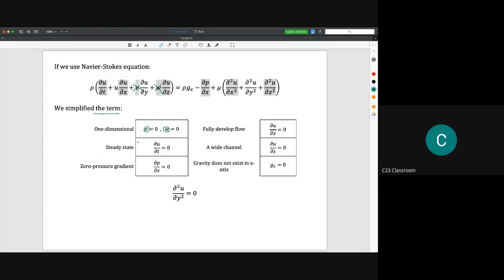Normally when we want to analyze something, we take the condition as steady state, meaning there is no change of velocity with respect to time.